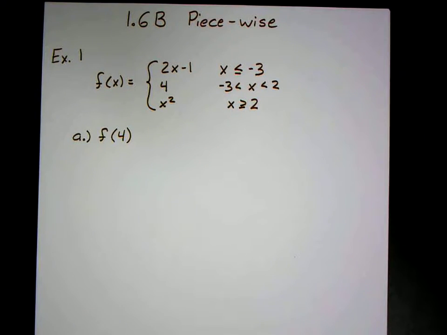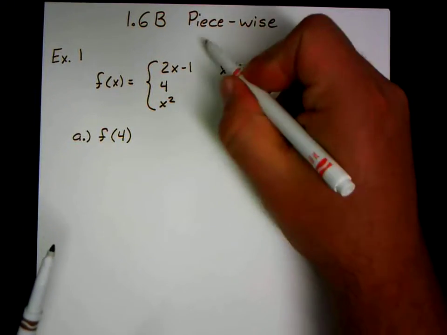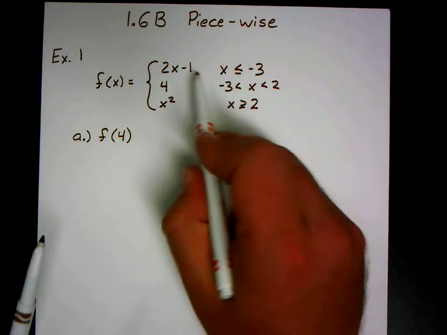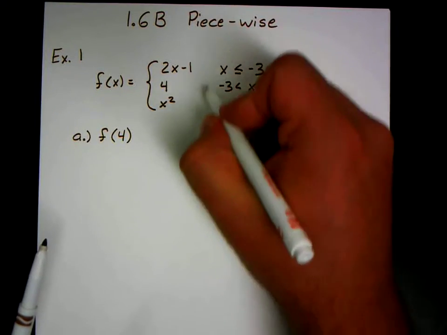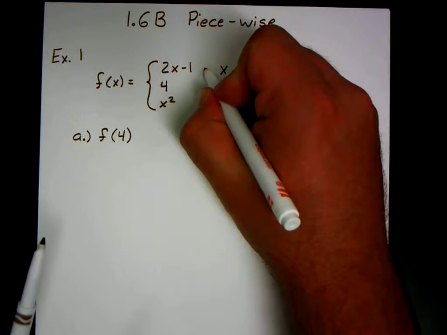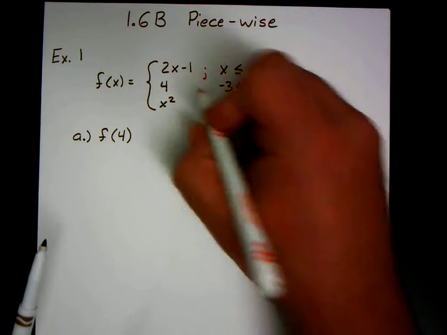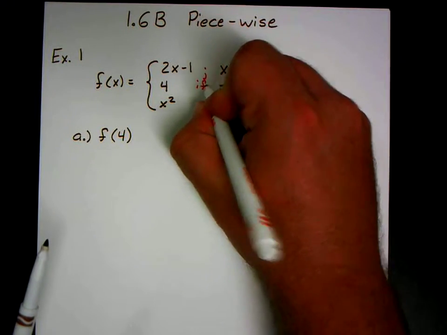Okay, to start off with, what goes in here differs a lot. Sometimes there's just a big space. Sometimes there's a semicolon or a colon. Sometimes there's the word if.